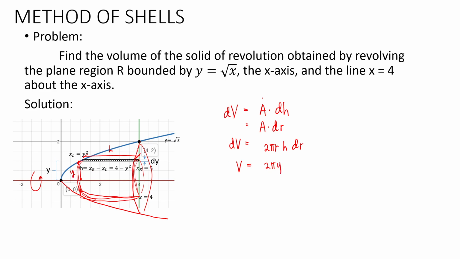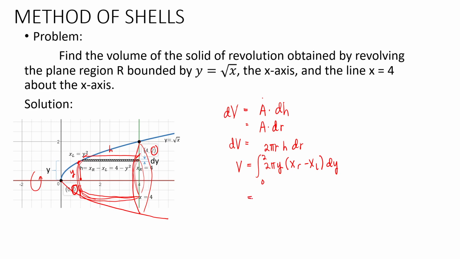So 2 pi y, and then my height is now x right minus x left, and then my differential radius is dy. Then so again, since I'm in the horizontal strip, my limit of integration is in the vertical axis. So that's from 0 to 2.